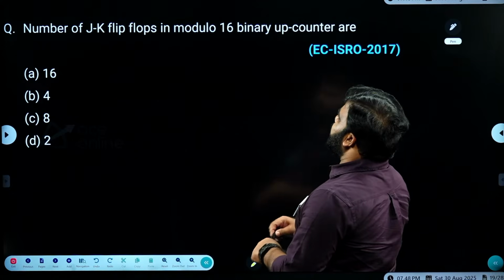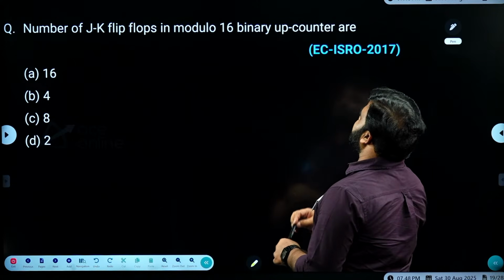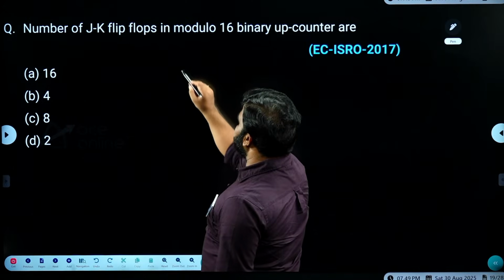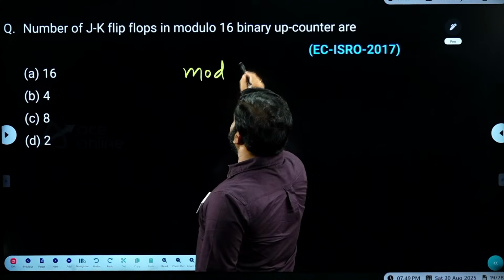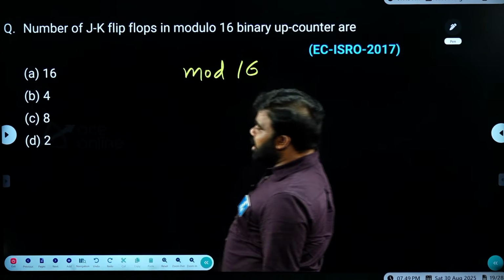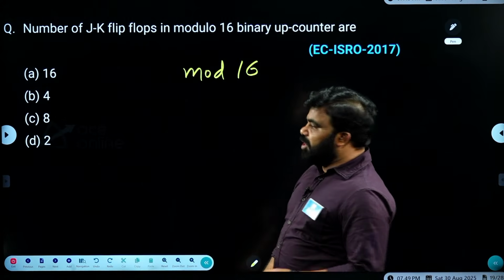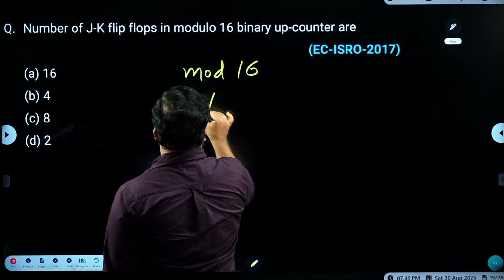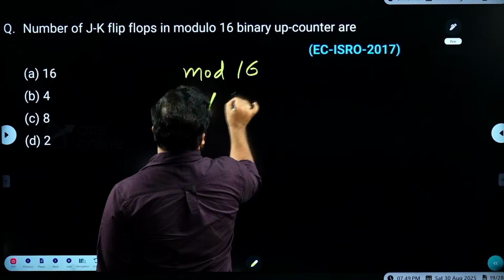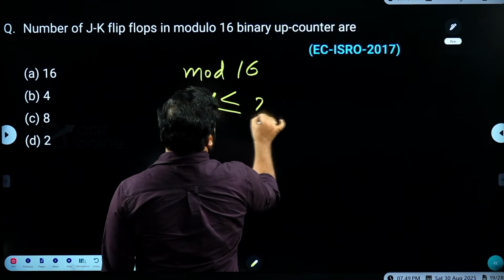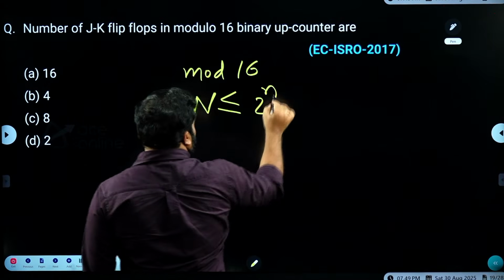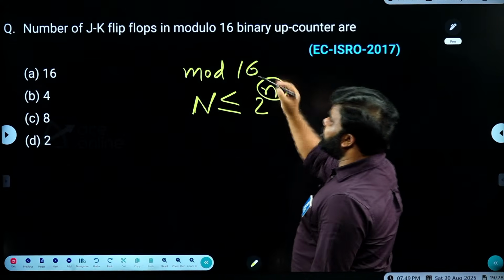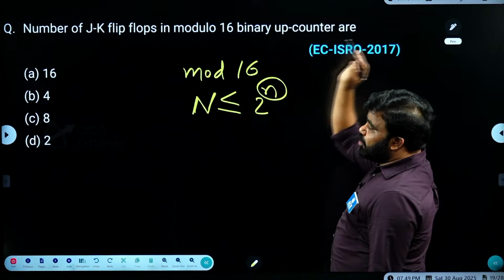The number of JK flip-flops in a modulo 16 binary up counter is. When we discussed that a mod 16 counter can be implemented using a minimum of 4 flip-flops, why? If the modulus of the counter is N, it should be less than or equal to 2 power n. The minimum n value which satisfies this equation is the minimum number of flip-flops required to design the counter.